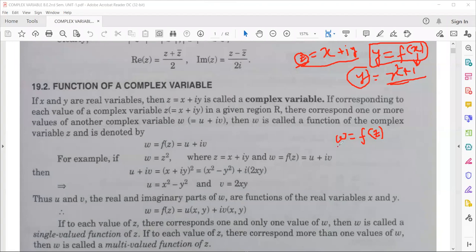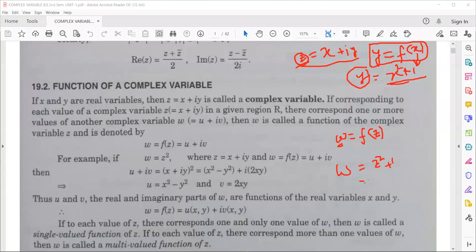Since z is a complex number, f of z will always be in complex form, because the variable is itself a complex number. If I say w is equal to z square plus 1, let's see whether this w is in complex form or not.